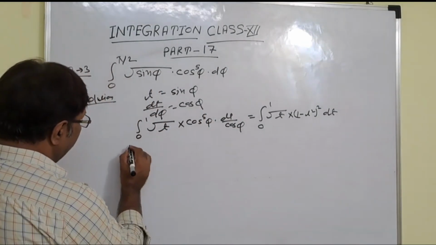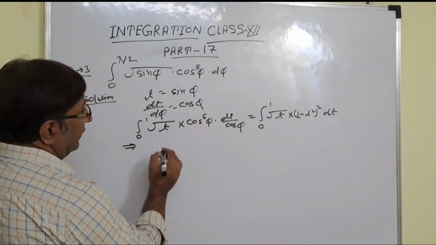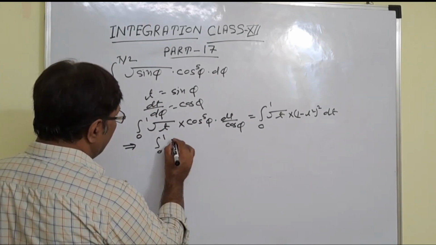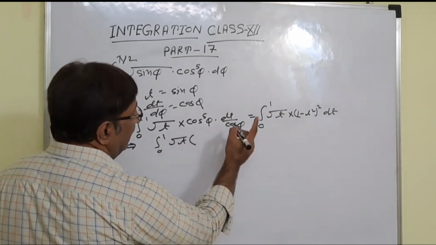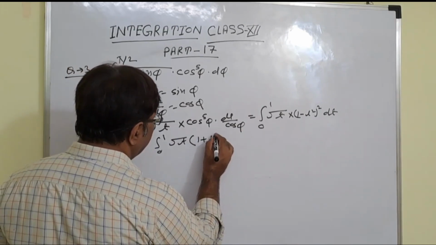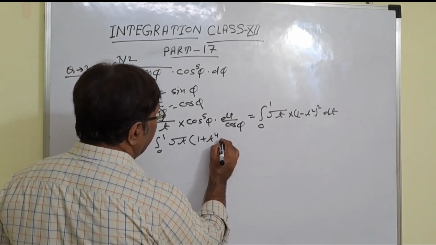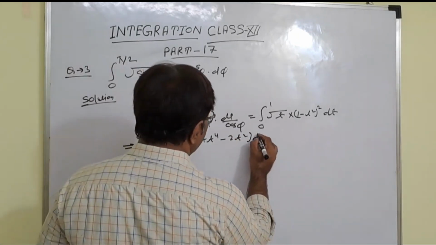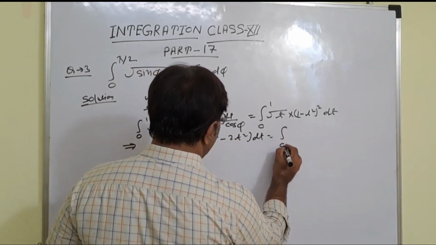Now you can see here, this is 0 to 1, and now we are writing this as root under t into 1 plus t to the power 4 minus 2t square dt, from 0 to 1.